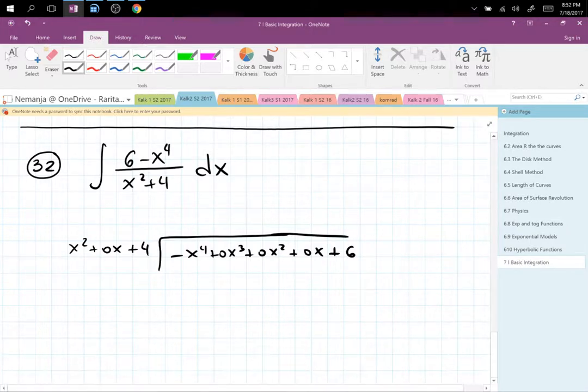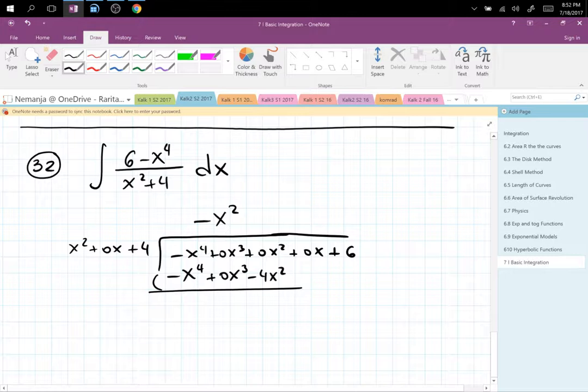So x squared goes into negative x to the 4, negative x squared times. Multiply it back, we get negative x to the 4, and then 0x cubed, and then negative 4x squared. And then we subtract, these cancel. When we subtract, we get positive 4x squared plus 0x plus 6.